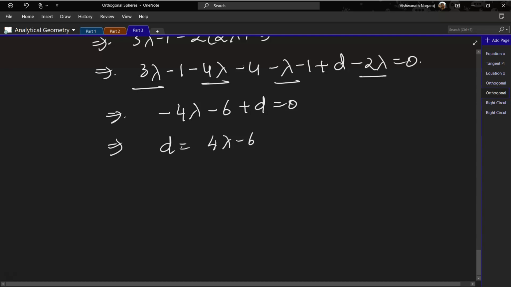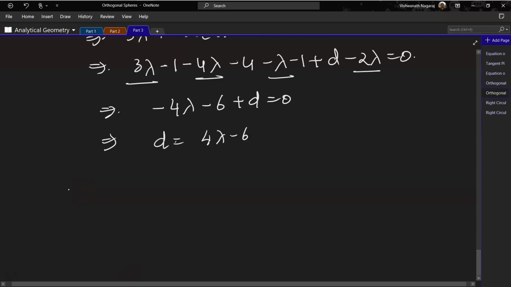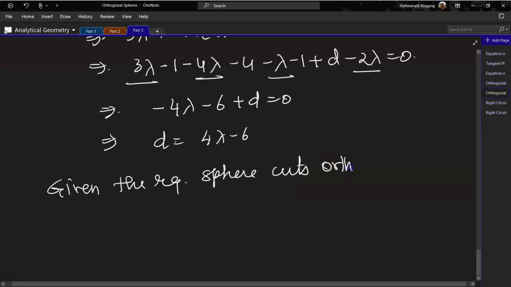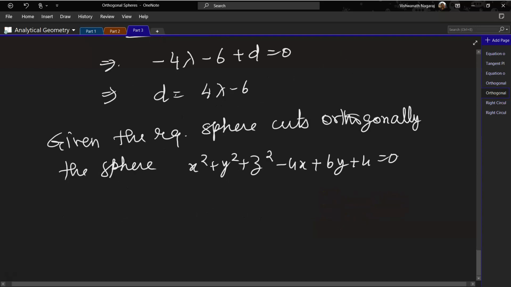Now remember there is another condition: the required sphere cuts another sphere orthogonally. It is given that the required sphere cuts orthogonally the sphere x square plus y square plus z square minus 4x plus 6y plus 4 equal to 0.